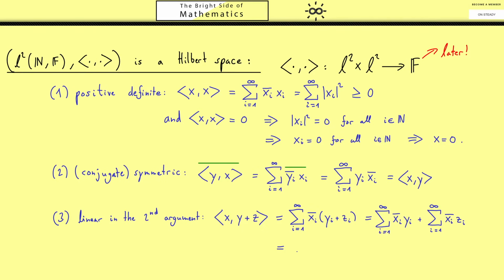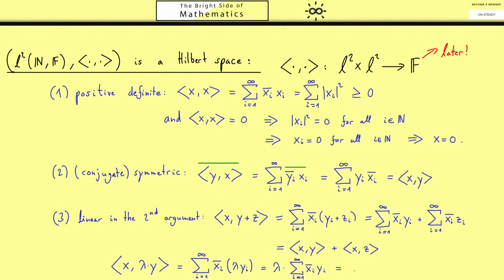And as you can see, this is simply the inner product of x and y plus the inner product of x and z. And now we can do the same for the homogeneous part, so we look at the inner product of x and lambda y, which is the series xi bar lambda yi. And there we can simply pull out the lambda factor, which is then lambda times the inner product. And indeed, that's the linearity.